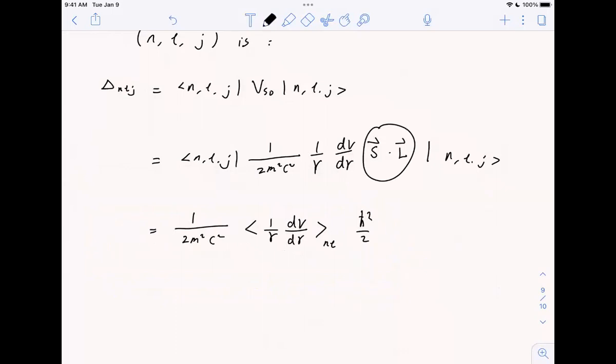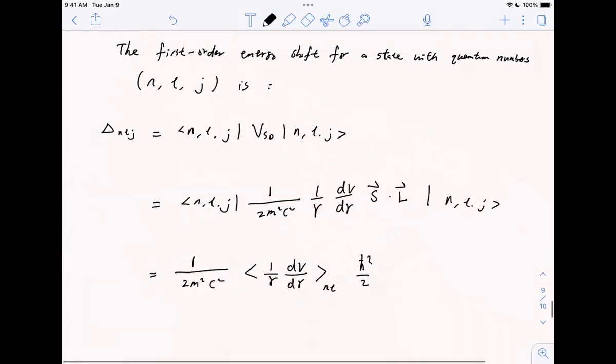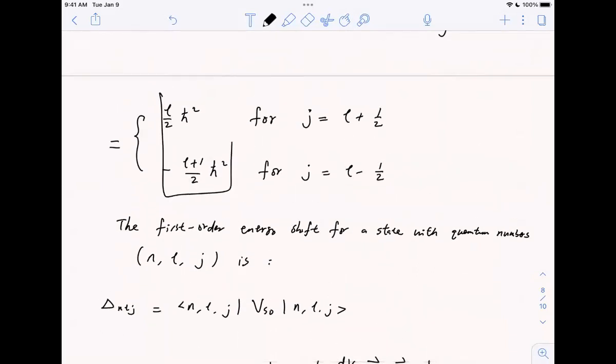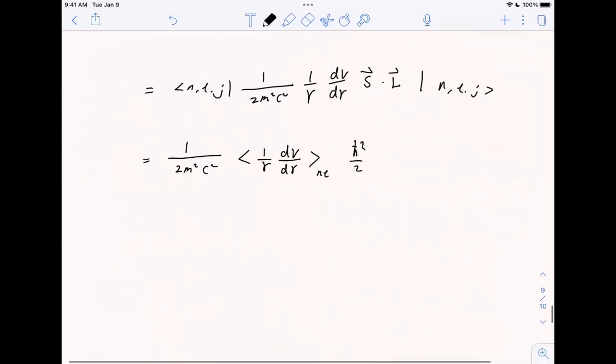So you're going to deal with this term. If you deal with this term, then it will only depend on L and J. Then you just use this one. So you have h bar over 2 here, h bar over 2 here. Pull it out. Then you have two cases, L and negative L plus 1.